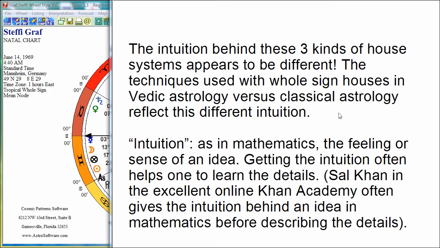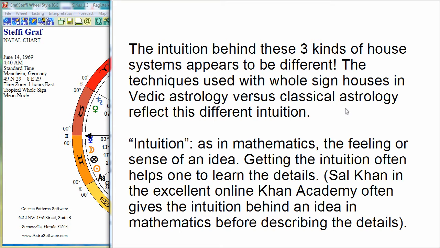In other words, in Vedic astrology, very frequently whole sign houses are used. In classical astrology, which means medieval astrology, people started using quadrant houses. For example, in the later Middle Ages, early Renaissance period, the quadrant house system becomes more popular.